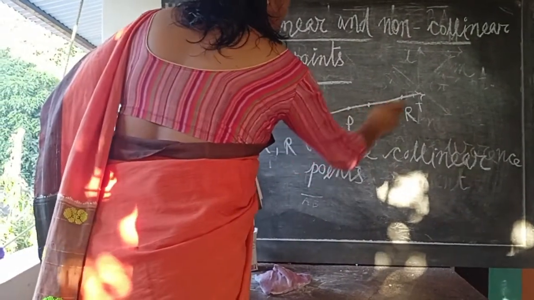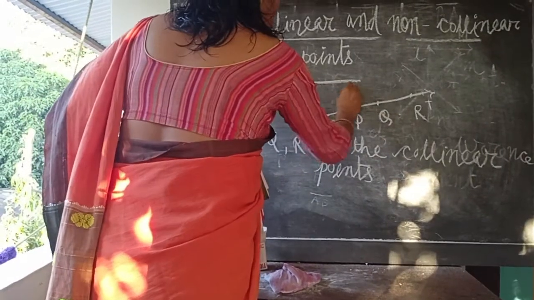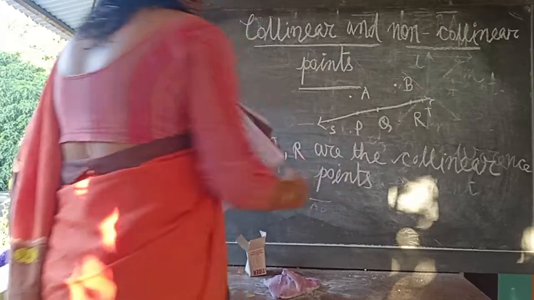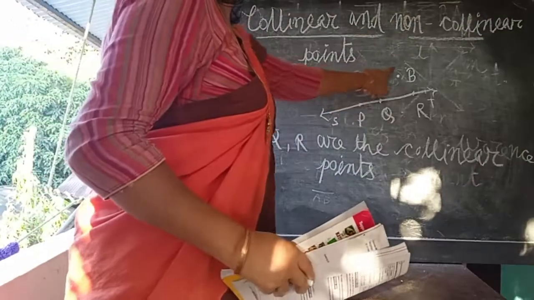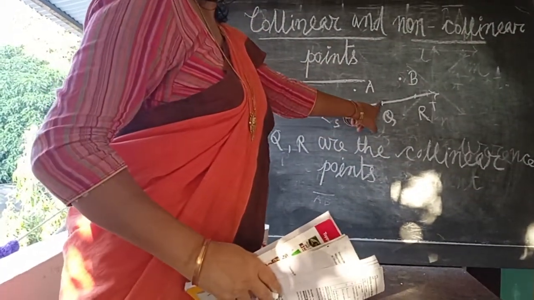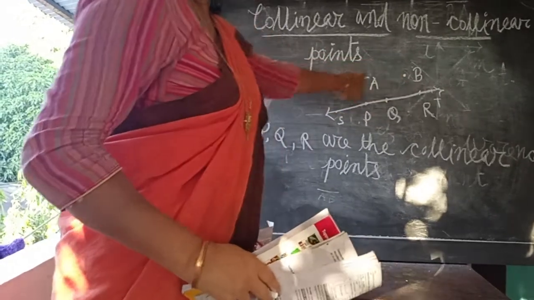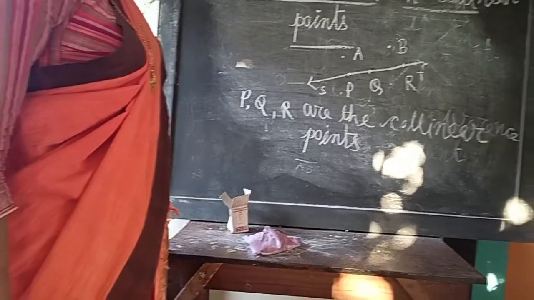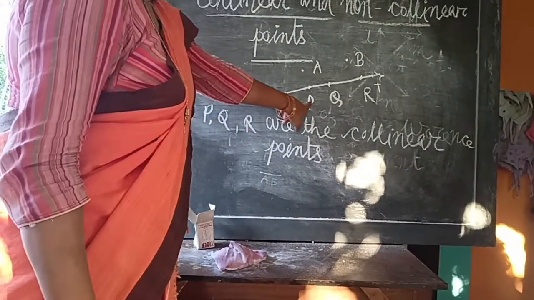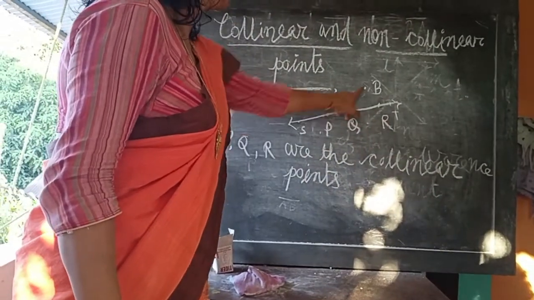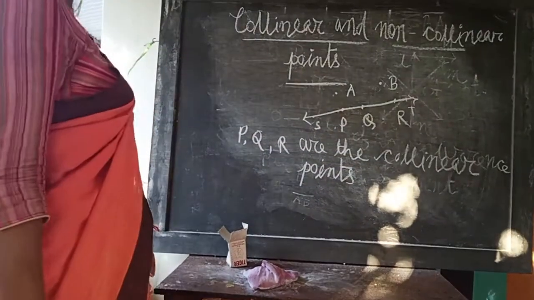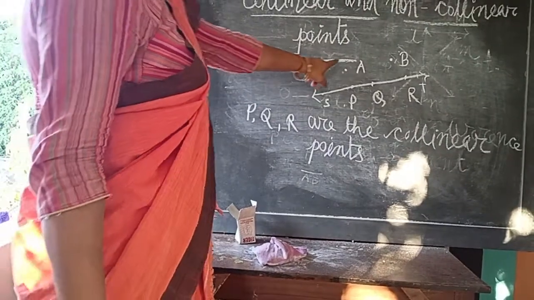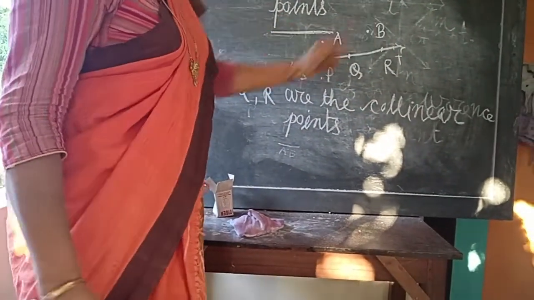This is a line. Suppose ST is a line, and these are the points A and B. Now see, A, B, S, P, Q, R. Through these points, can we draw a line? We cannot. So S, P, Q, R, A, B are the non-collinear points, because A and B are outside of the line.